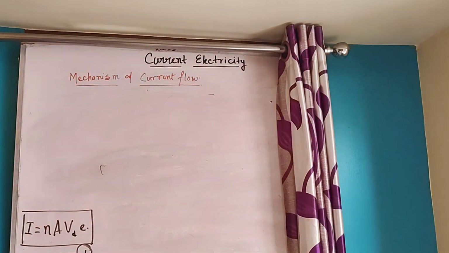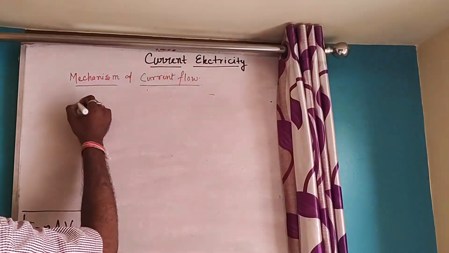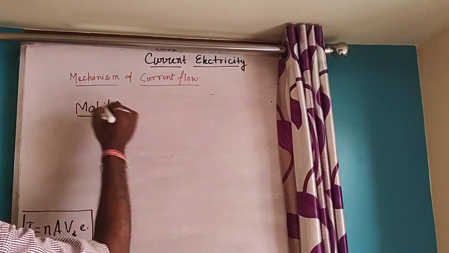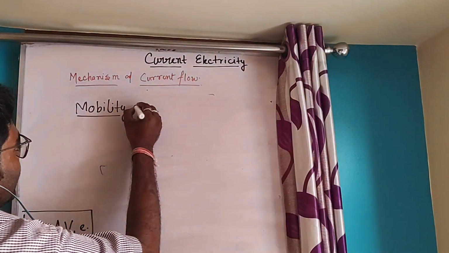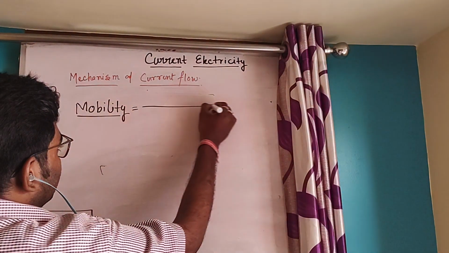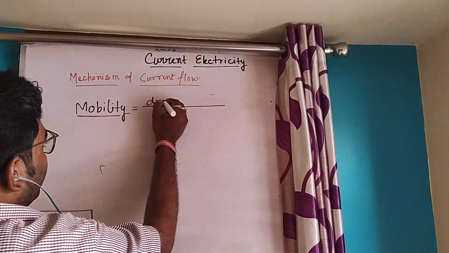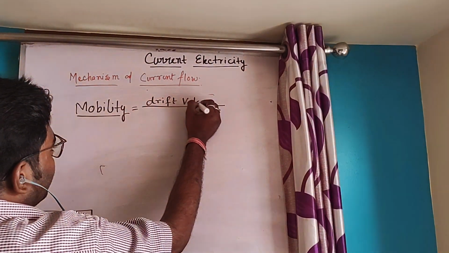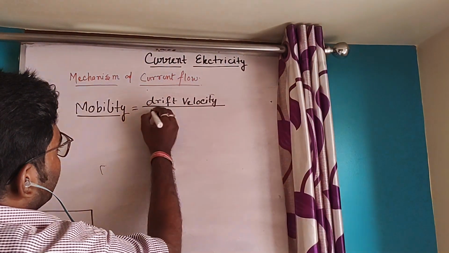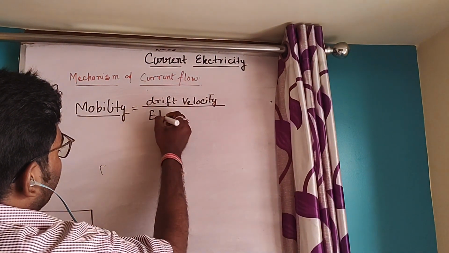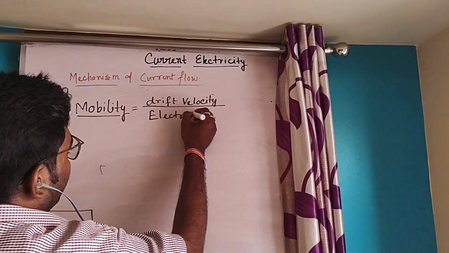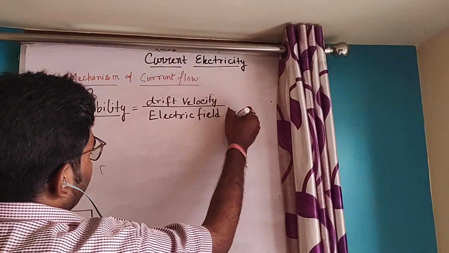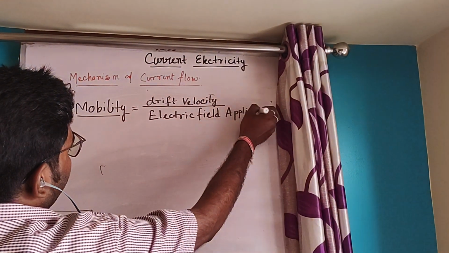So this equation we will get. Now the second term, that is mobility. What is mobility? Mobility means it is the ratio of drift velocity by electric field applied.